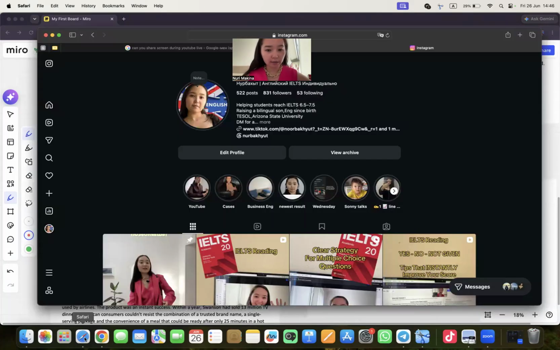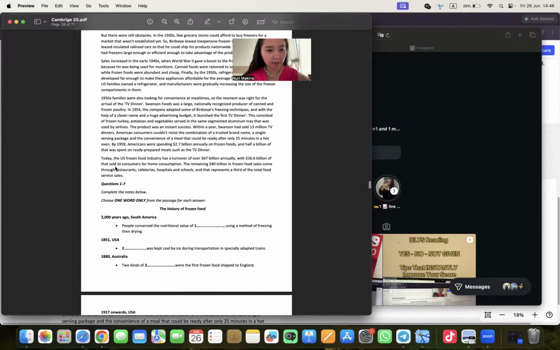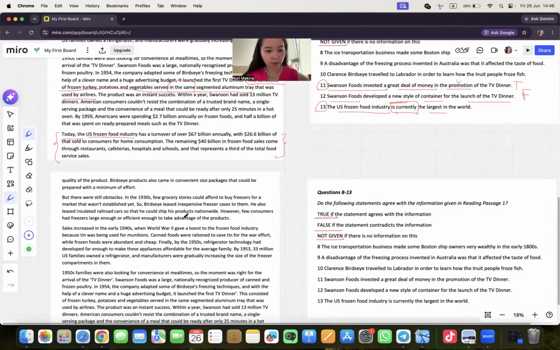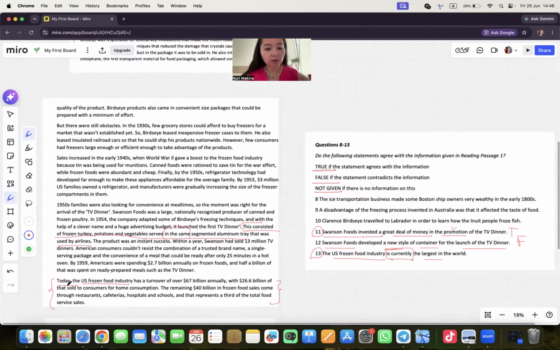So I guess that was the last paragraph. So I don't need this one, I'm going to cover it. This one is the last paragraph of this passage. So the answer is in this paragraph because currently is the other way to say today. We have US frozen food industry and largest.